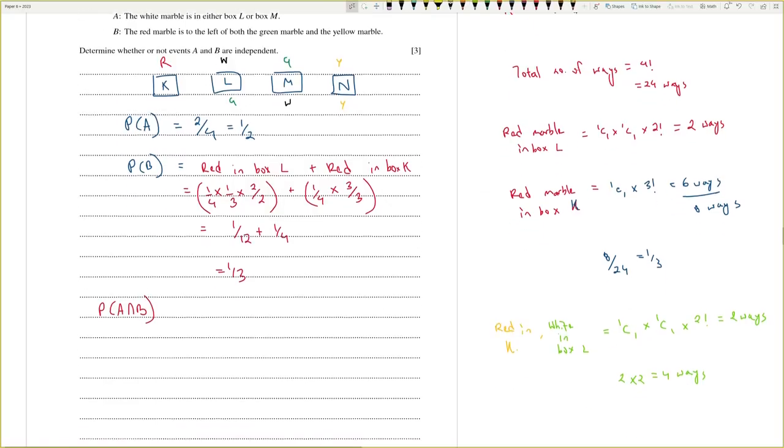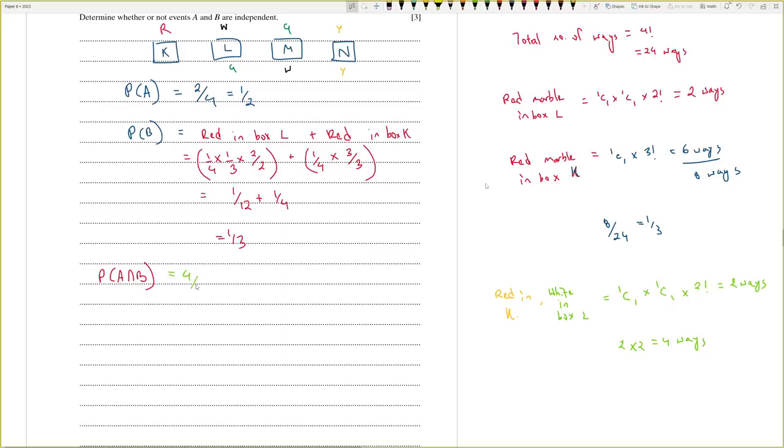4 out of 24. So 4 out of 24 is 1 by 6. That's the intersection. And if you wanted to do it directly, you could just do this. Red in K and white in L or M. That would be 1c1 into, white has 2 options, 2c1 into 2 factorial. That's basically 4 ways directly. Okay, that works. 4 out of 24 ways. So now we need to check whether it's independent or not.